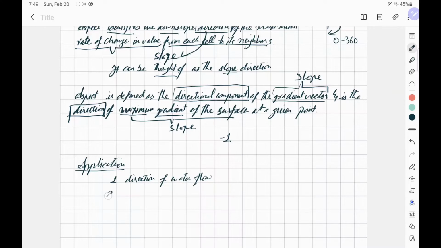It helps to estimate the amount of sunlight a site may receive.